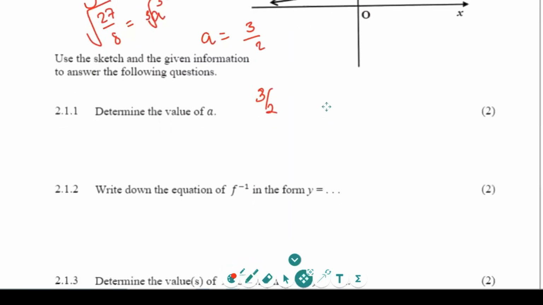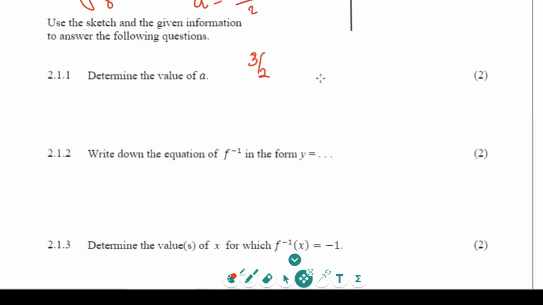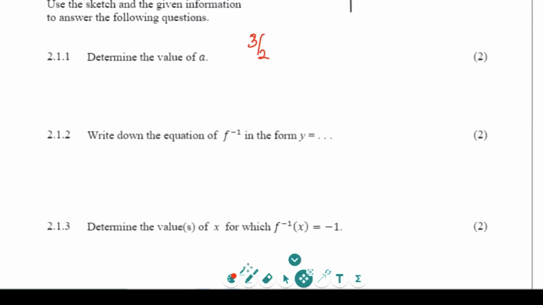In 2.1.2, they want us to write down the equation of f to the power of -1, which is the inverse. The original was y is equal to 3 over 2 to the x. Whenever we write the inverse of an exponential function, it has to be a log function.